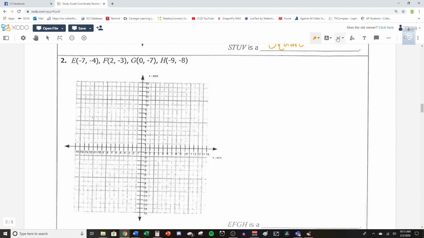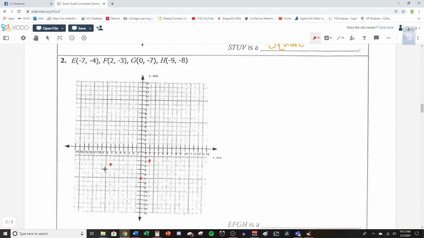All right, so let's go ahead and plot these points. I'm going to do points at -7, -4, so right here, 2, -3, 0, -7, and then -9 right here to -8.